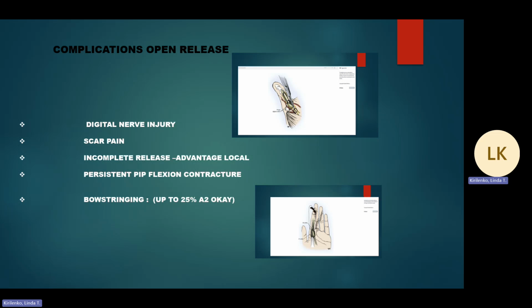You can also, as mentioned previously, develop a PIP flexion contracture. Bowstringing is a theoretical complication, but rarely happens. Up to 25 to even 50% of A2 pulley incision usually is tolerable without development of bowstringing.